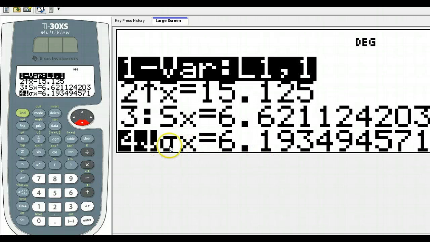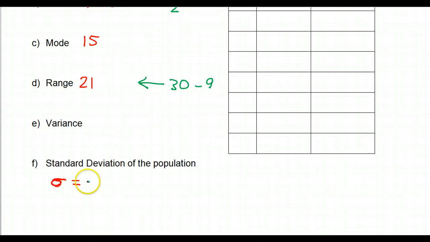Right now, technically we are dealing with the standard deviation of a population, and that's what number 4 is. Later on we'll learn about the S, which is the standard deviation of a sample, but do not worry your pretty little head about that right now. So this is the lowercase sigma, this is the standard deviation. I'm going to keep 2 decimals on this, so that's 6.19. Let's write that down. Okay, so the standard deviation is 6.19.